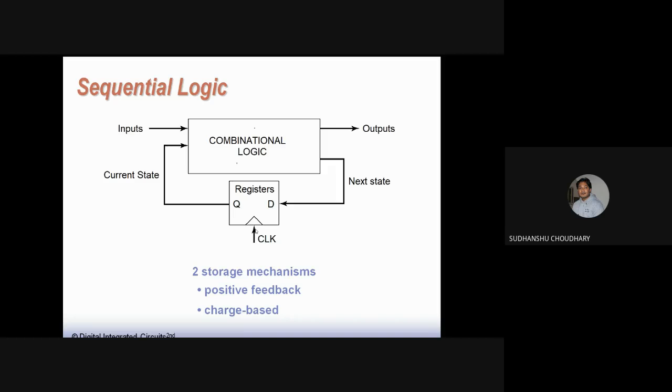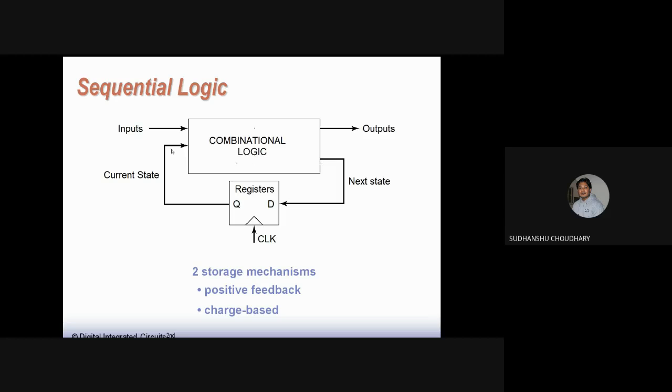Then whatever is appearing at D will be copied to Q. In the other scenarios, D will not be copied to Q. Whatever changes are happening at D will not affect Q in the other cases. Only when the clock makes a transition from low to high, that is, whenever the positive edge comes, will the D input be copied to Q.